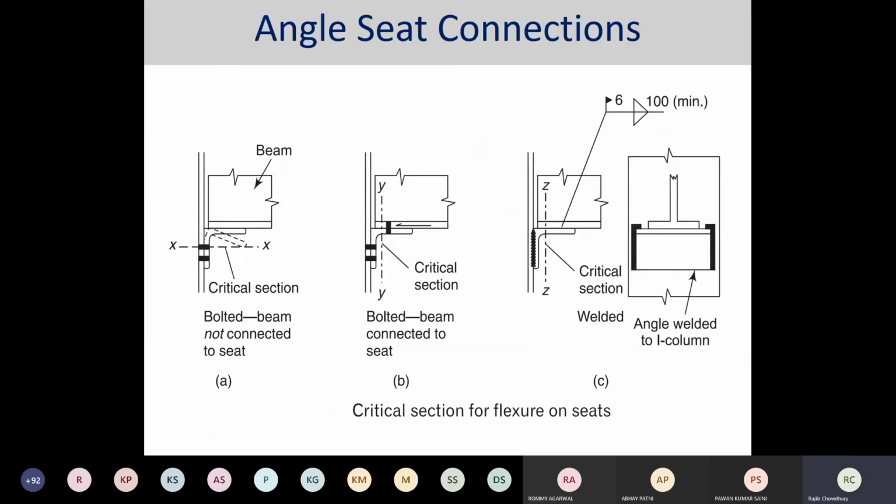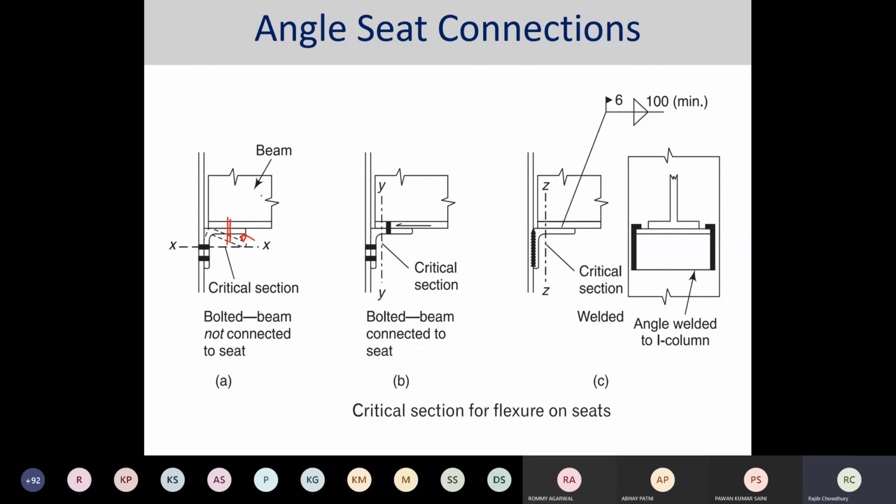Now there are several issues coming up over here. When we do this kind of connection, let's say I am not providing any bolts here. What would happen? This particular face is free.